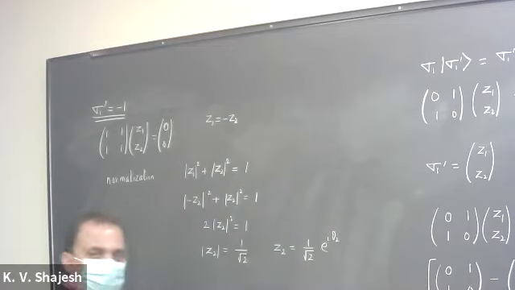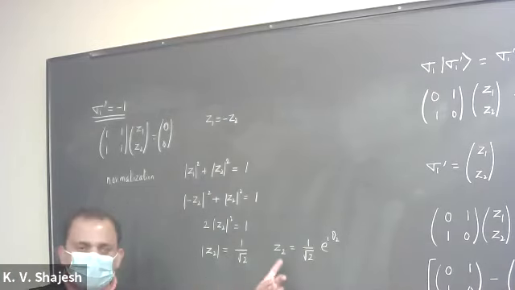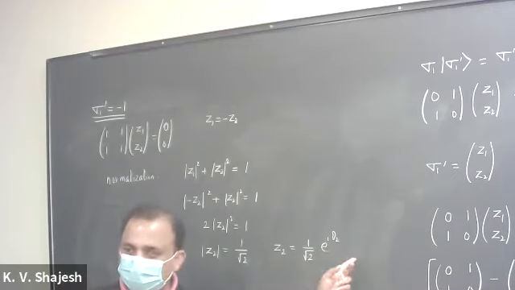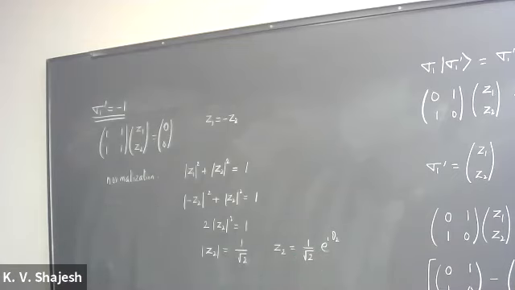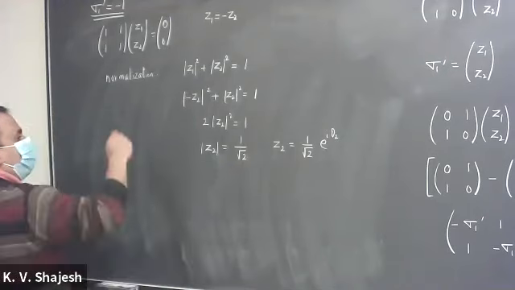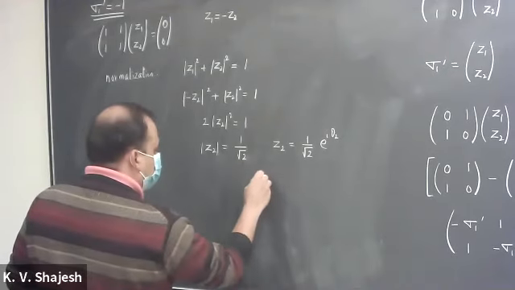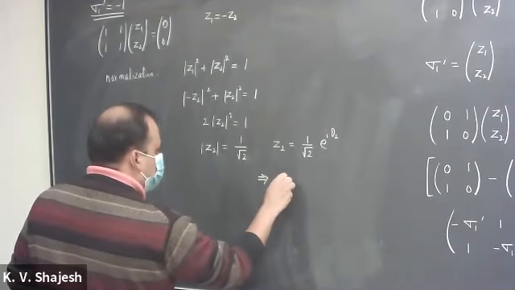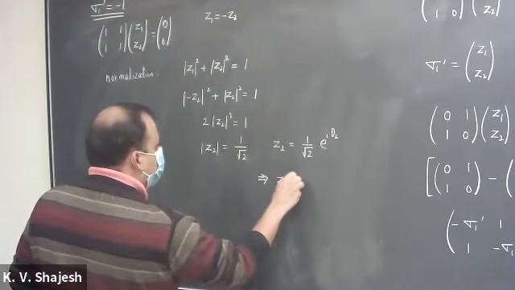If the magnitude is known, Z2 can be written in this form. If Z2 is that, what about Z1? Z1 is equal to minus Z2, but its phase remains the same. So it's 1 over root 2 times e raised to i theta.